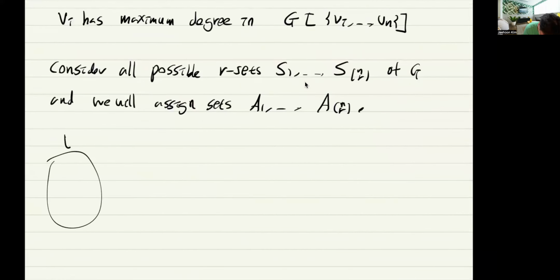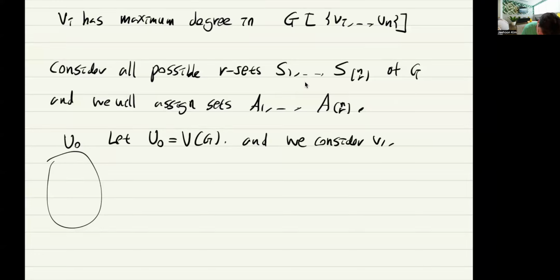Let's say you have this U0. So let U0 be the entire vertex set. And we consider this v1, v2 one by one in order.